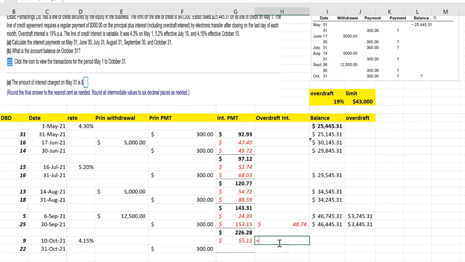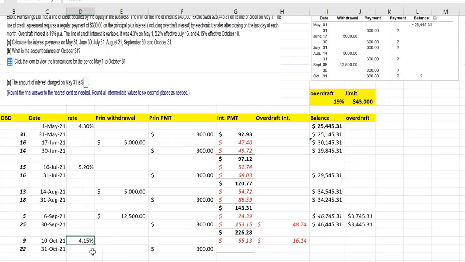We have to calculate the overdraft, which is $3,445.31 at 19% for the 9 days out of 365, $16.14. So again, the $55.13 comes from the balance of 43,000 maximum at 5.2%, and also the overdraft of $3,445.31 at 19%.